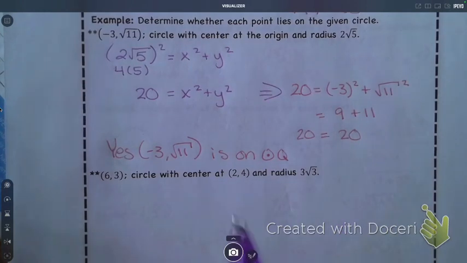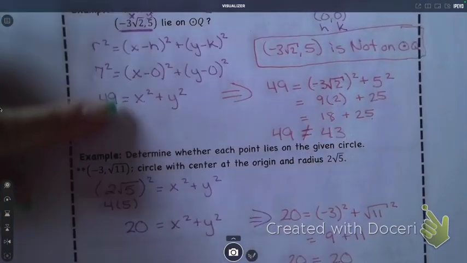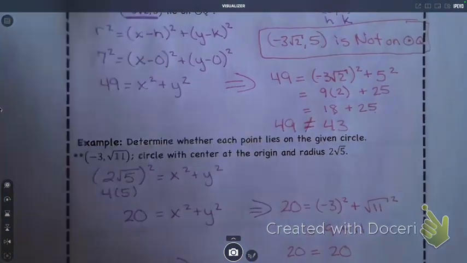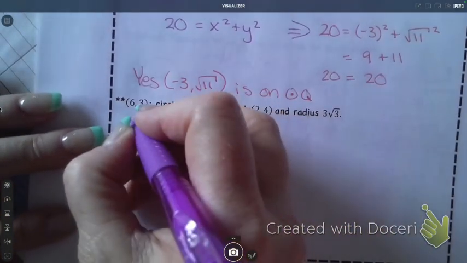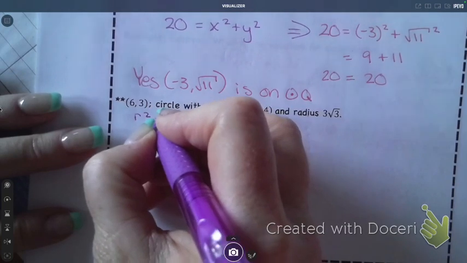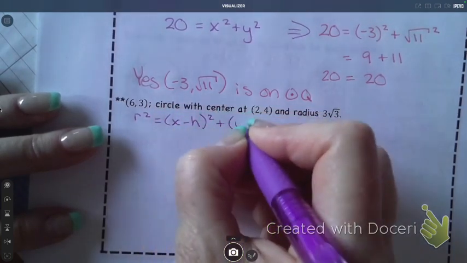Okay, what's different about the next example? The center's different. So do I have to go through this whole process then? Yeah. Okay, so then that's going to be r squared equals x minus h squared plus y minus k squared.